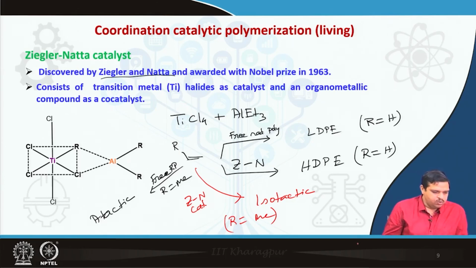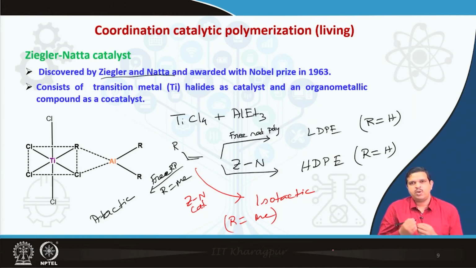Okay. So, it is very clear that Ziegler-Natta catalysts have a tremendous impact in the polymer industry, as you can vary the crystallinity and the properties of the polymer by changing the chemical structure and the microstructure of the polymer. So, it is very obvious that polymerization growth is very much different from the free radical polymerization.